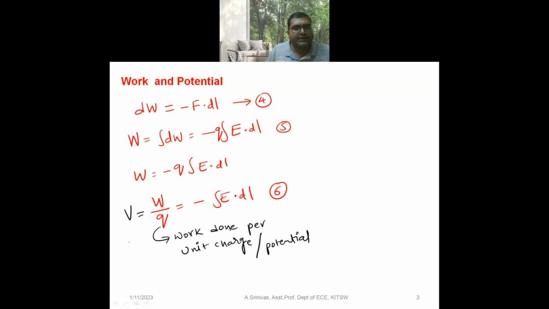It is represented by V. The units are volts. Once again, I repeat, it is a scalar quantity. Let us continue our discussion with equation number 6 in the next slide.